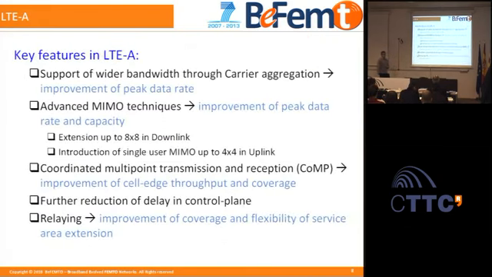In order to achieve these targets, several features have been defined in LTE-Advanced. For example, carrier aggregation is defined as a main technology in order to support the wider bandwidth up to 100 MHz. With this feature, it could achieve an improvement of the peak data rate of up to 1 gigabit per second in downlink.